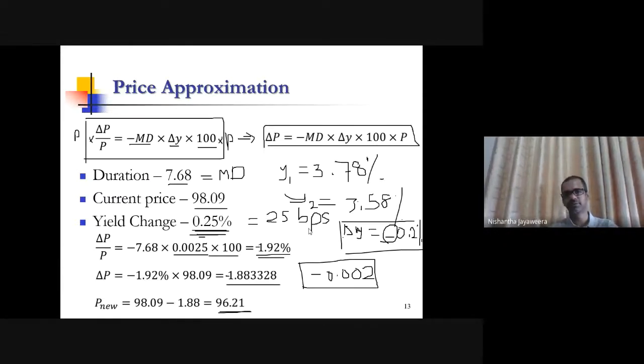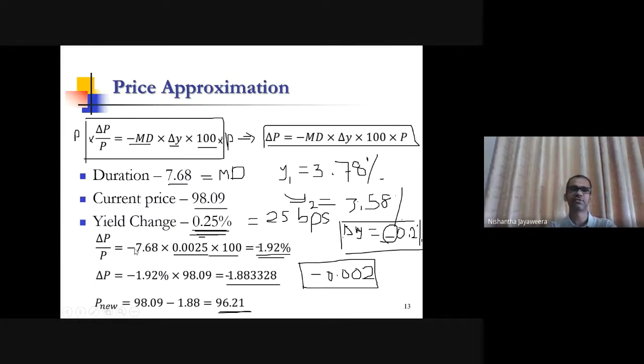But this can be asked without saying whether it's an increase or decrease: what is the percentage change that you expect? In that sense, you can say plus or minus 1.9.